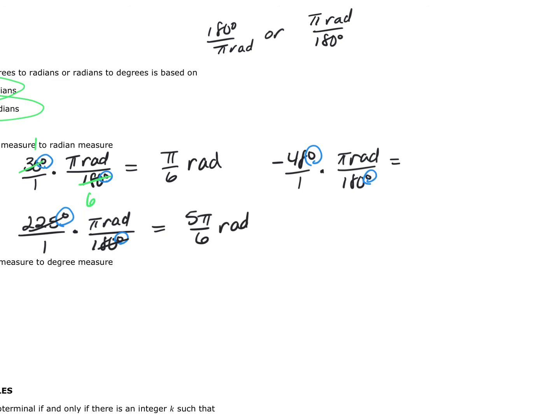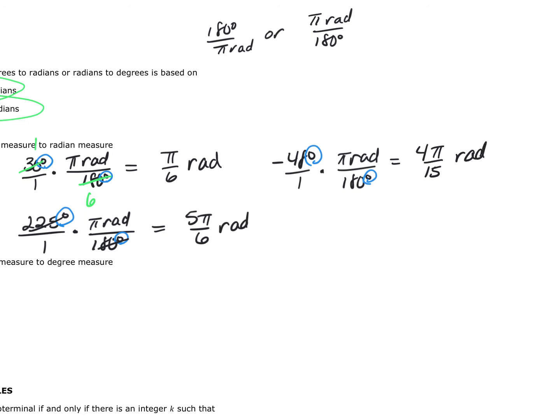I can do something higher, so I'll do 180 divided by 12, and 48 divided by 12, and we get 4 over 15. So negative 4 pi over 15 radians is what it reduces to.